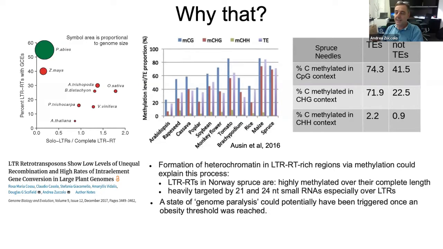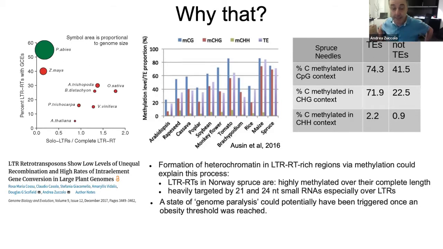It still remains unclear, but over the years we collected some information and we could at least partially explain what is going on there. The first thing is that by means of comparative analysis, we were able to prove that the reduced T removal is mostly related to genome size. That is, the larger the genome, the less effective the removal, as if once a certain obesity threshold is reached, the genome falls into a state of genome paralysis, basically.